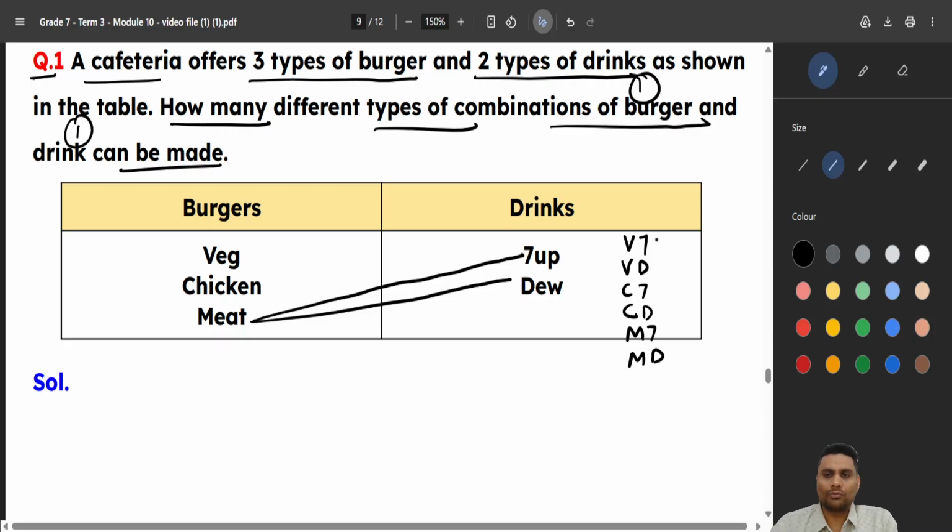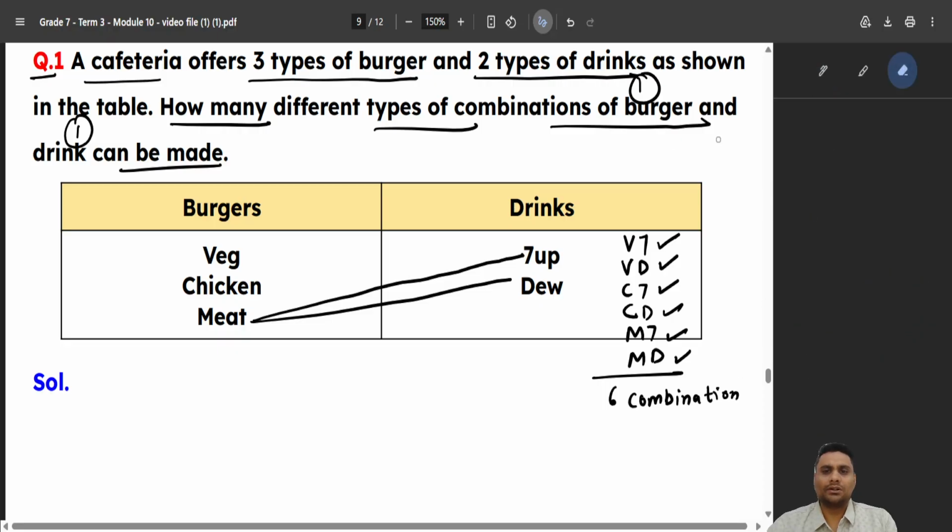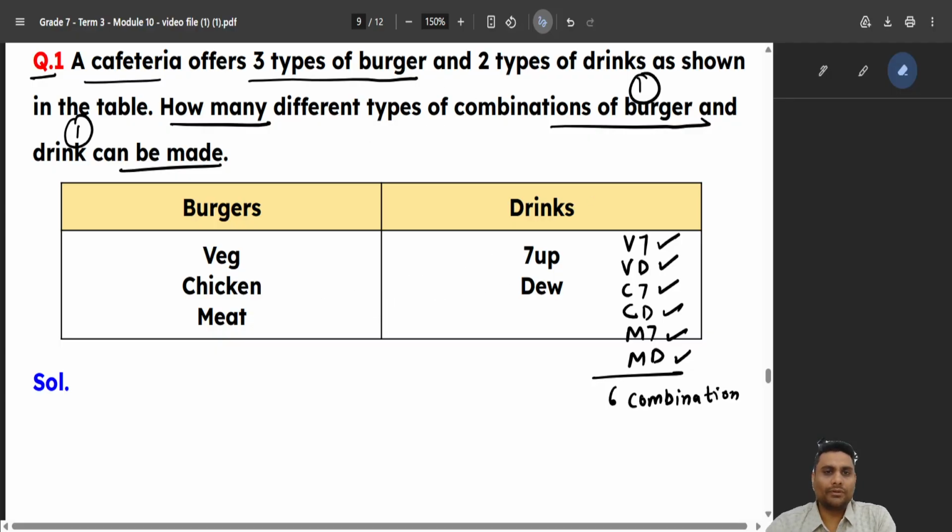So total how many combinations are there? 1, 2, 3, 4, 5, 6. So my answer will be 6 different combinations are possible. This is the normal method of making the combinations.